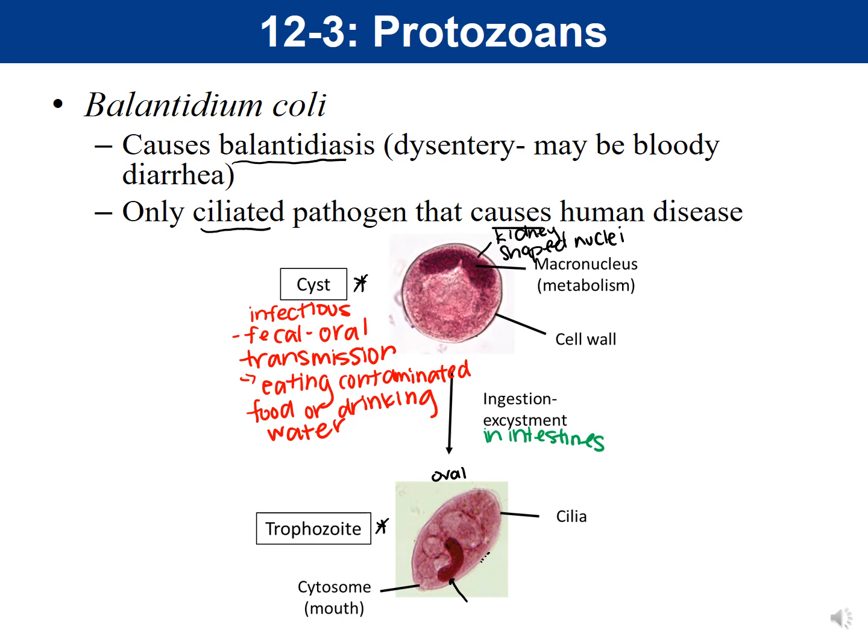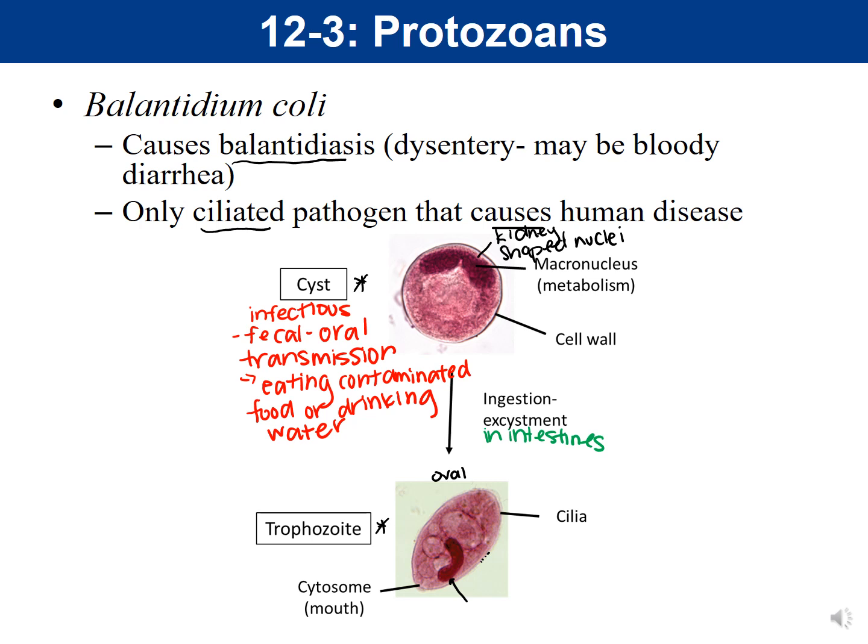Now, one of the other things that I want to mention about the way that this is infectious is that in some countries, in poorer nations, access to fertilizer is not readily available. And so one of the things that happens in some countries is that they will use human feces as fertilizer. They'll use it to provide nutrients for crops to grow.